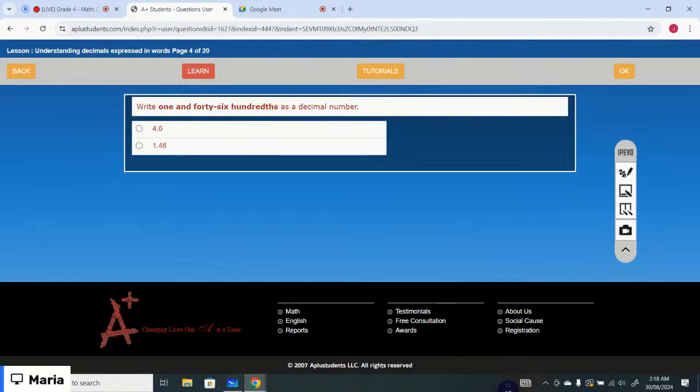The correct option is 1.46, option number 2. That is 1.46.